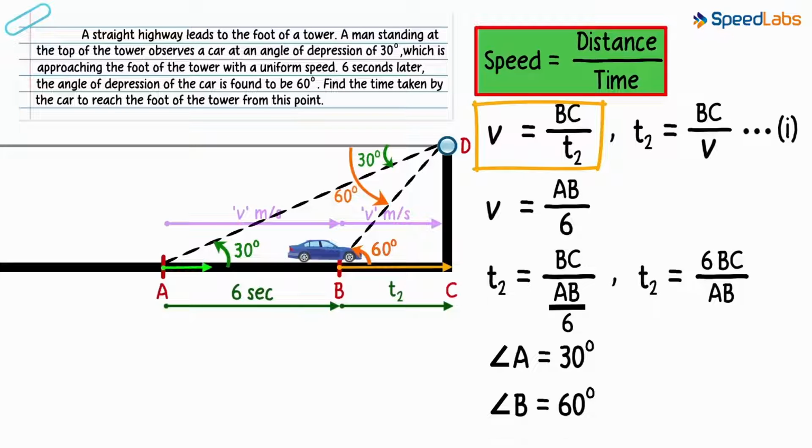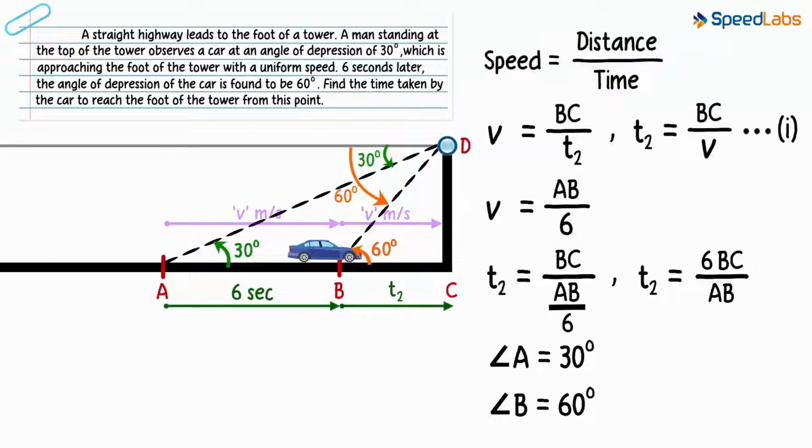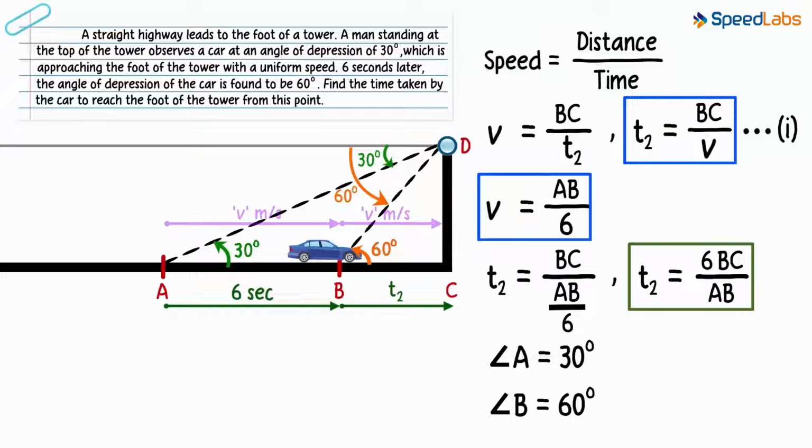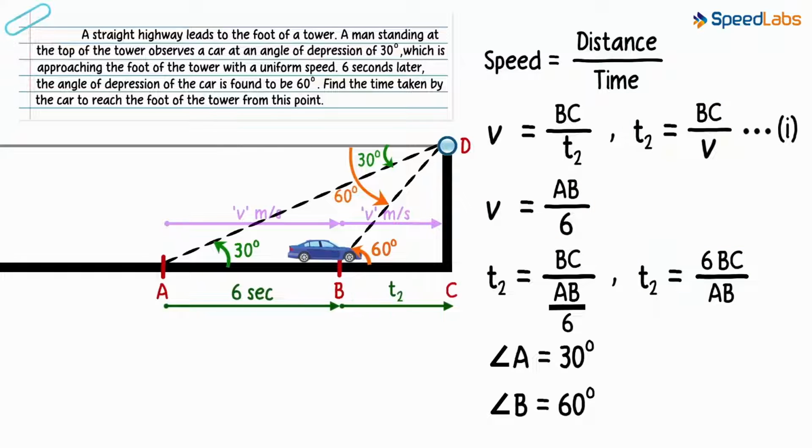For the part from A to B, we get the velocity V as distance AB over 6 seconds. Because the motion is uniform, the speed while travelling from A to B is also the same, which is V. After comparing these two equations, we got this one. If you remember, the data given to us is insufficient to find the values of AB and BC.